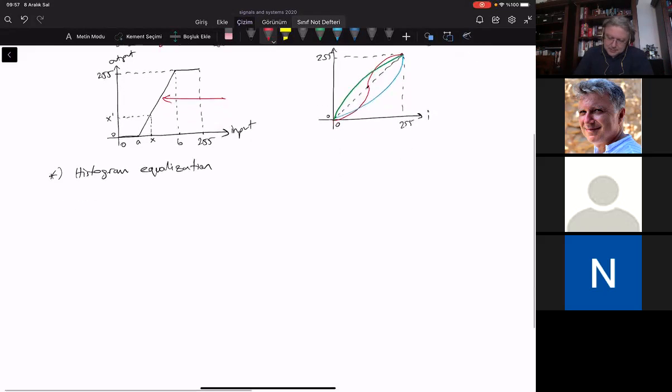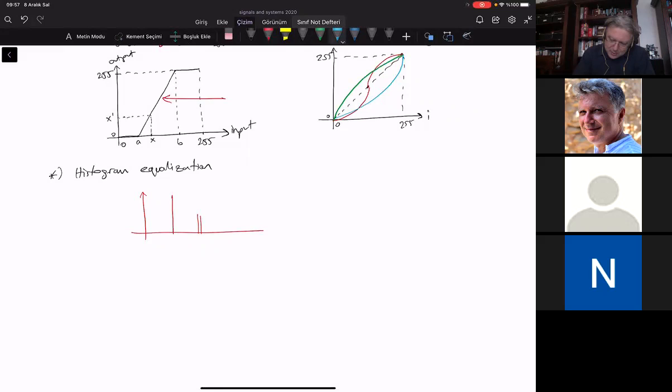For instance, I will draw this in red. There is this C, which is mapped to somewhere else, and the D is here, and E is here. They are moved like this, so they are separated a little bit.